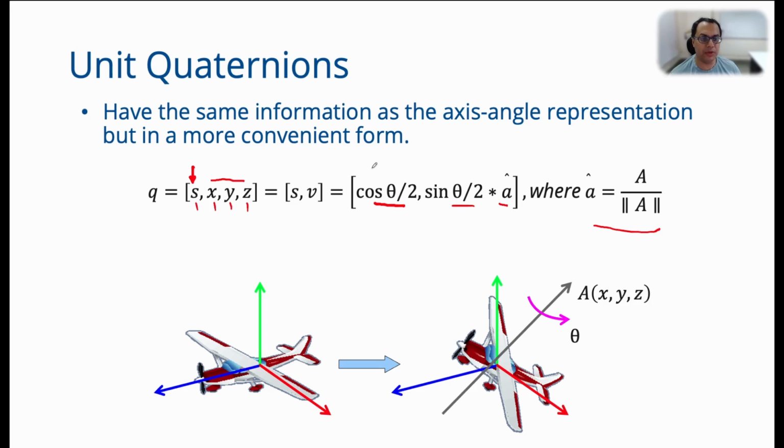So complex numbers, you have seen, can be written as A plus iota B, where A can be thought of as the real part and B is the complex or imaginary part. Similarly, here you can think that S is the real part and X, Y, Z are the complex parts. So instead of just iota or I, you will have I, J, K here, and each of I, J, K are square roots of -1.